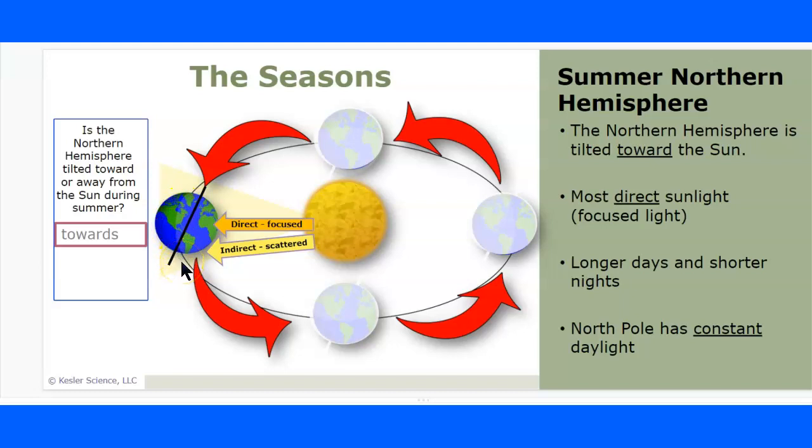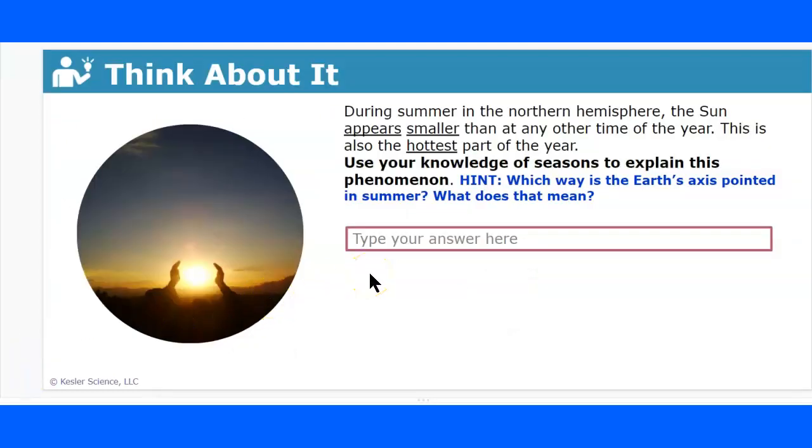Therefore, the sun appears to be smaller. Why does the sun appear to be smaller? It is due to the tilt and elliptical orbit. Remember, elliptical means oval or an ellipse, so not a perfect circle path.